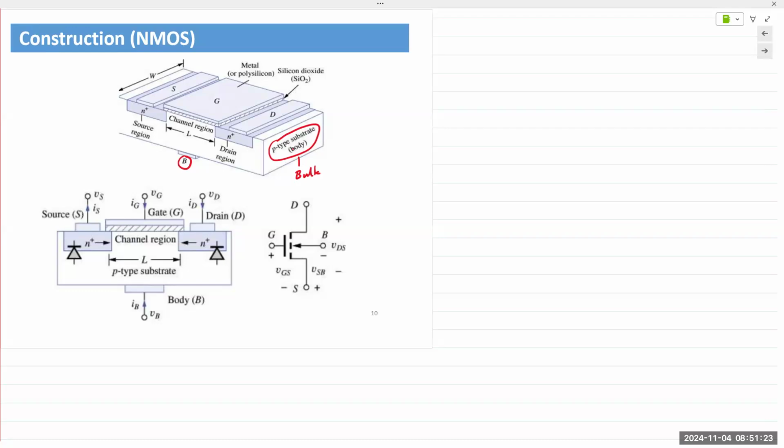And so we have a P-type substrate. We have heavily doped N regions right here. The plus, if you remember, simply indicates it's heavily doped. So we use plus for heavily doped, and we use plus plus for extremely heavily doped.